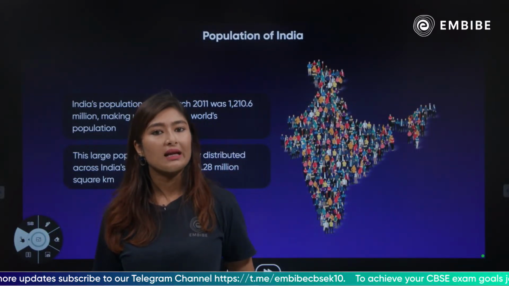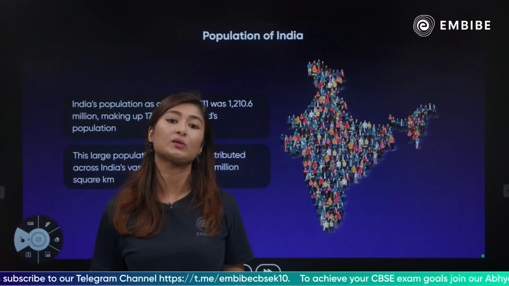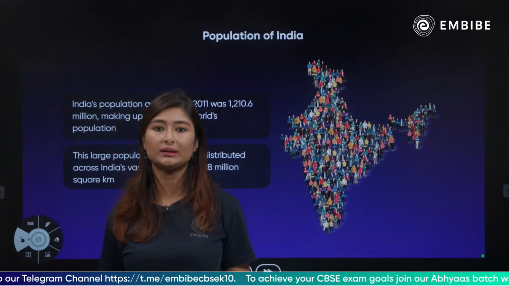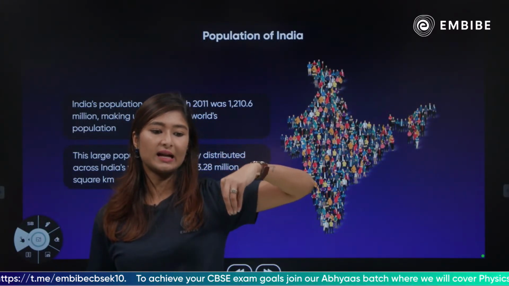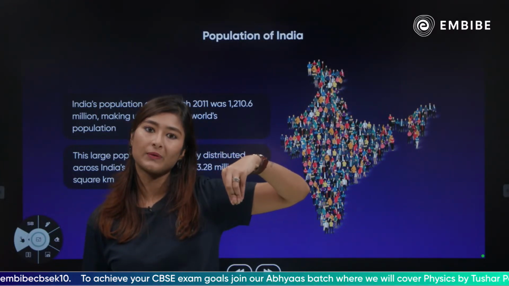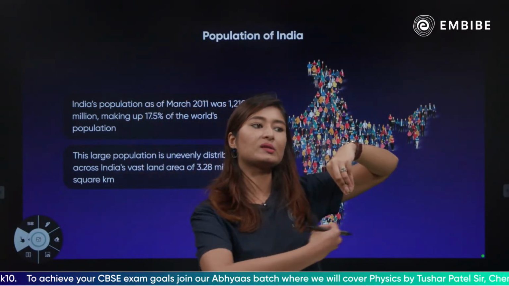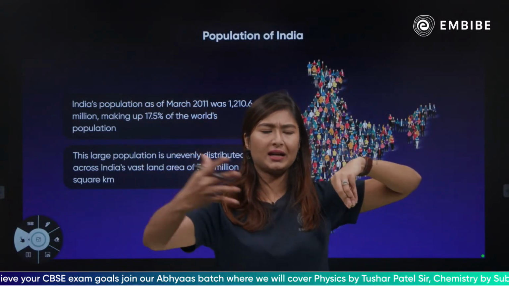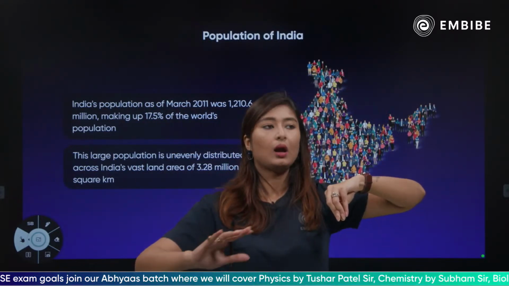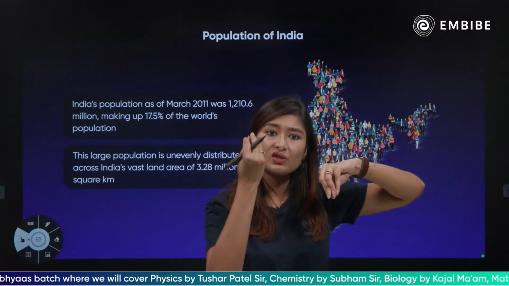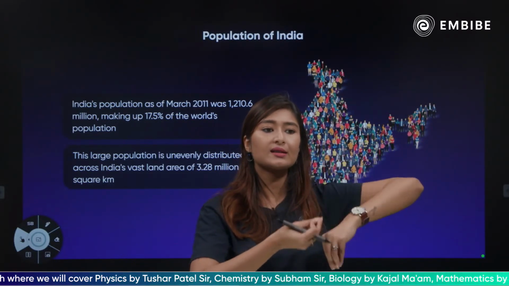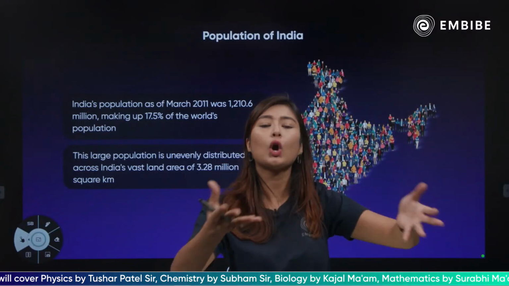When you go to class 10th, you will read the very first chapter called Resources and Development, and you will see over there that humans are the biggest resource. They are at the center of all the resources that are there. There are a lot of natural resources, for example, the sun, the air, the water, which we are able to use. But for a natural resource to become such an important thing for us, unless humans interact with them, they cannot.